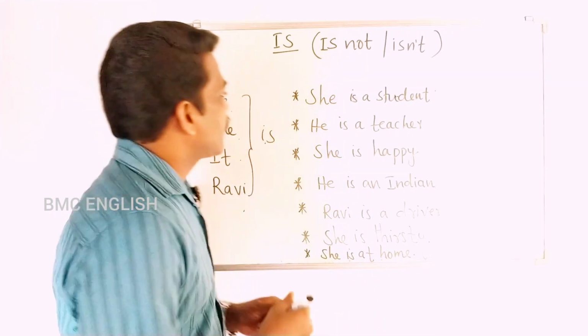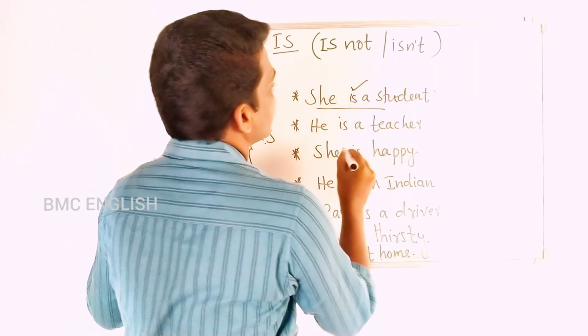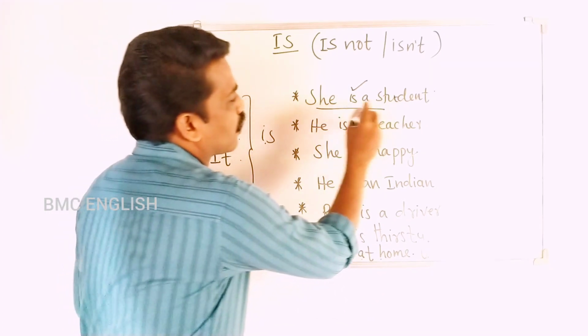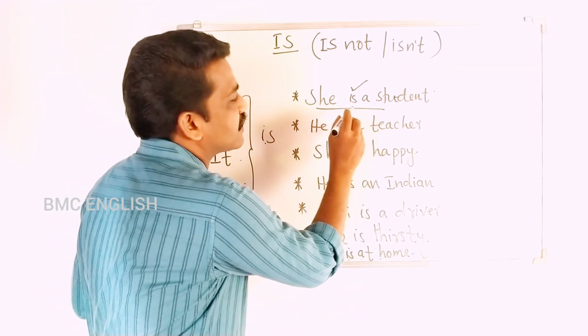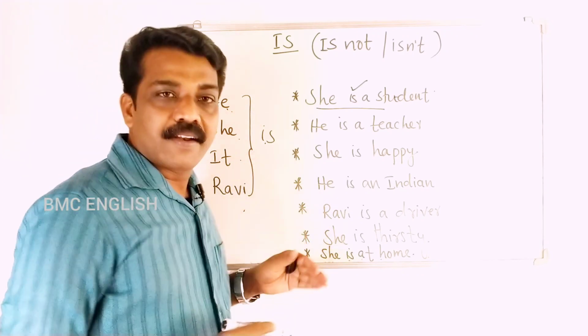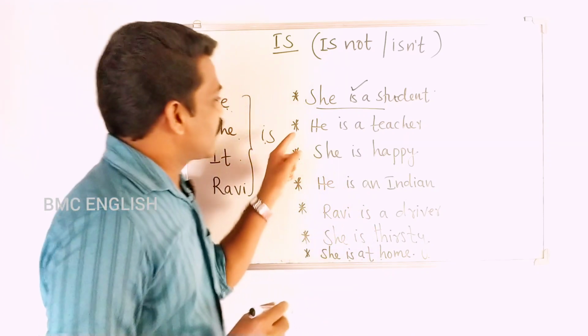Look at the first example. She is a student. Here "is" is a main verb and it plays the role of the main verb, and it shows the state of the subject. I mean the condition, feeling or identity of the subject. Look at the next example.